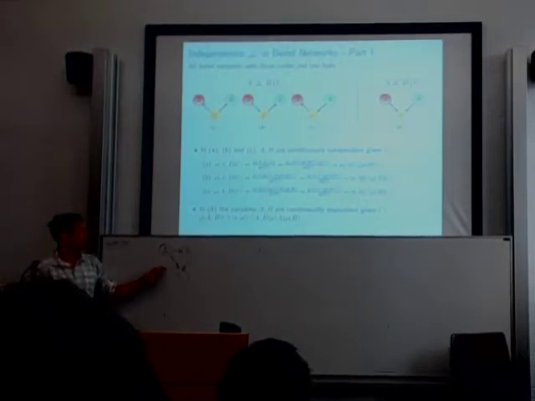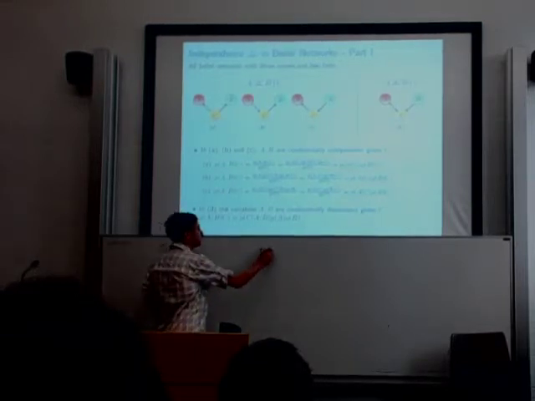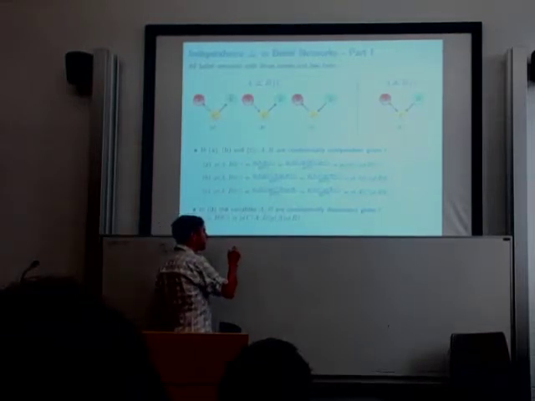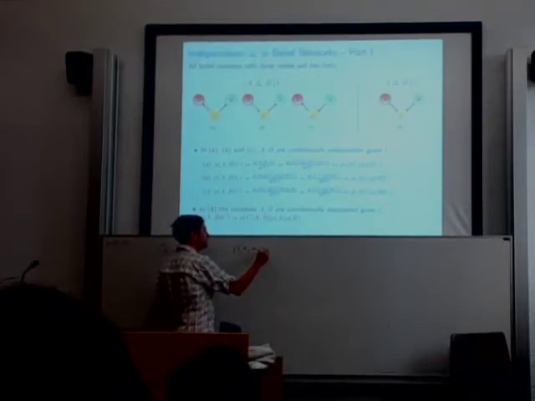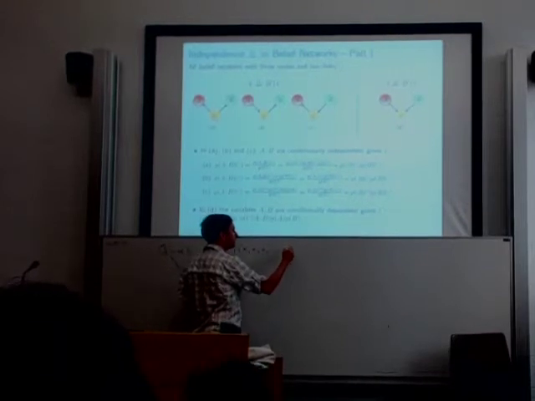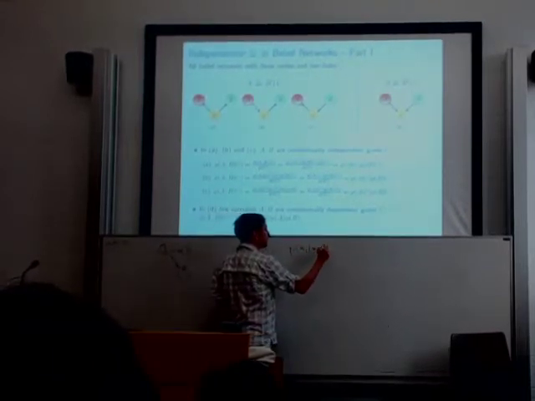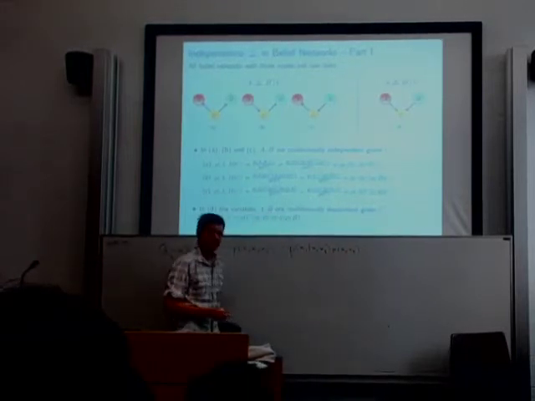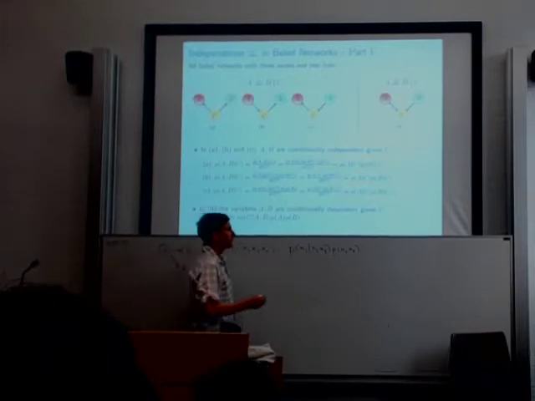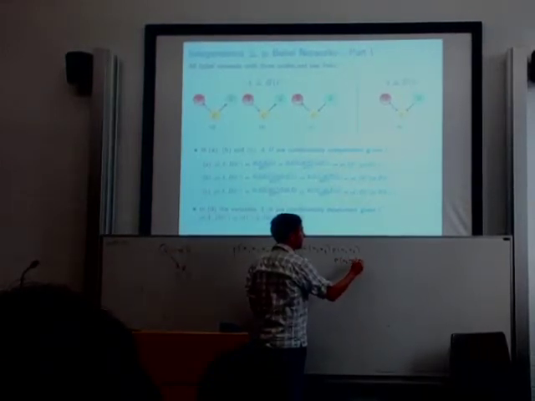Why do I say it has to be a DAG? The reason comes from Bayes' rule. Let's say you have three variables, x1, x2, x3. From Bayes' rule, we know we can write this as p of x1 given x2 and x3, times p of x2, x3. And this similarly can be written as p of x2 given x3, times p of x3.